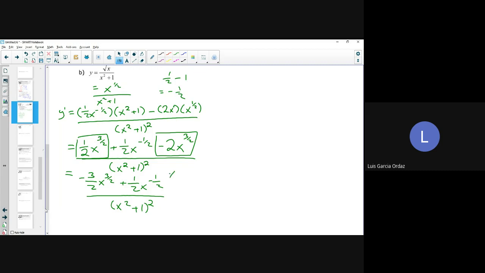So I do times 2 here, times 2 over here, which gives me negative 3x to the power of 3 over 2 plus x to the power of negative 1/2 all over 2 times x squared plus 1 to the power of 2.